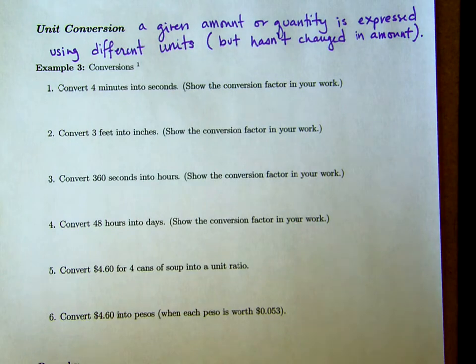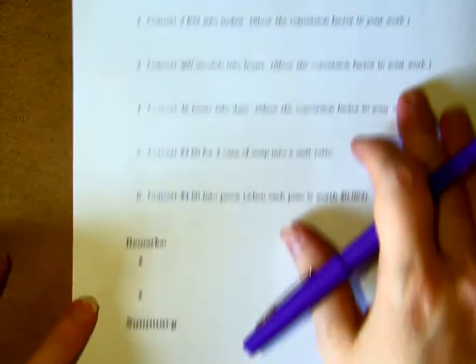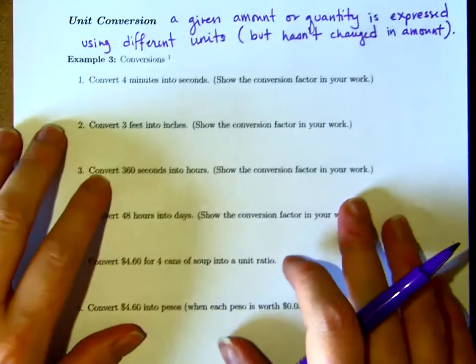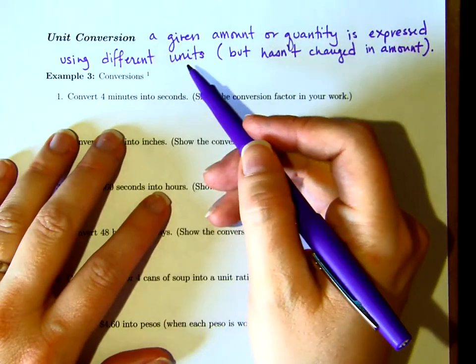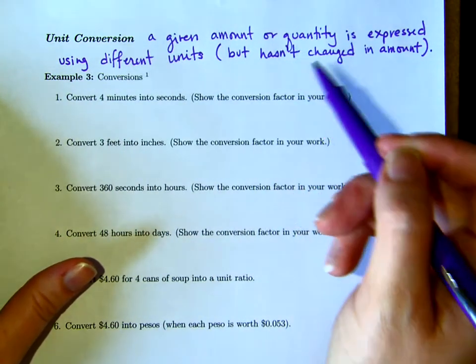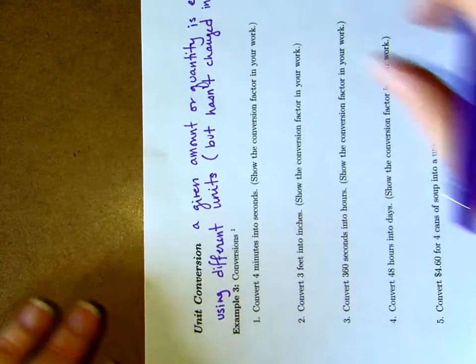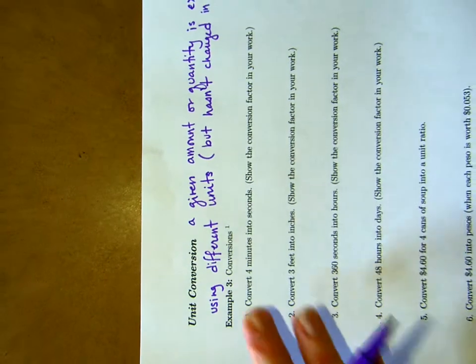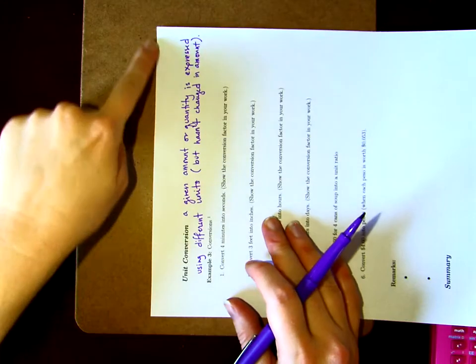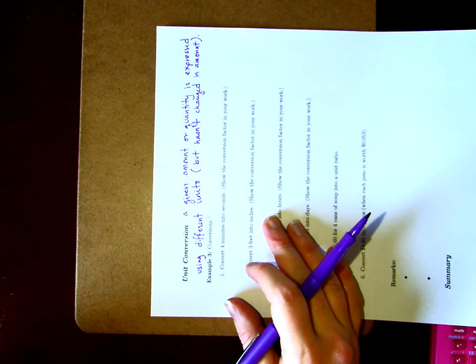It's just been measured differently. So for instance, if you're going to measure the length of this piece of paper, what is it, like 11.5 or something inches? Well, if you were going to use a different unit, say centimeters, there would be more of them, except it's the same amount, it's just measured differently. So this is the same regardless of whether you measure it in inches or in centimeters.